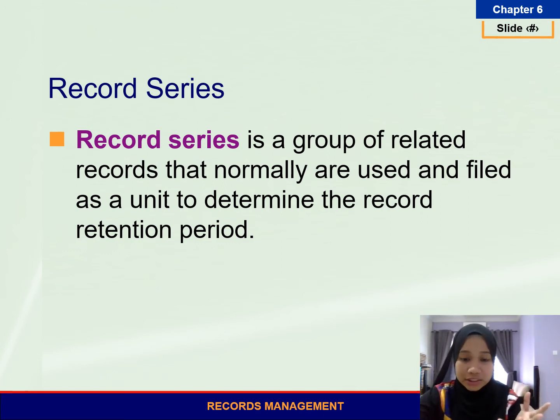Contohlah organization tu daripada tahun 1980 sampailah 2020 ni, so tu kind of satu buku ke logbook ke yang ada semua record organization tu kita panggil sebagai record series. Sebab tu dia kata group of related records that are normally used and filed as a unit to determine the record retention period. Maknanya daripada record series tu kita boleh tengok record retention period kita tu lama mana, sampai bila kita nak dispose.